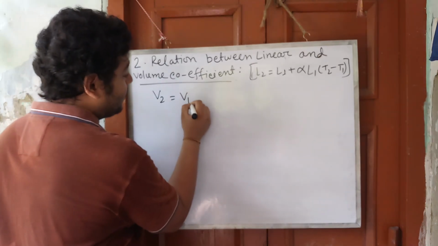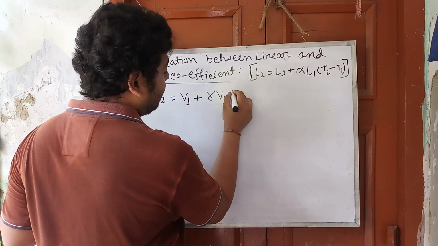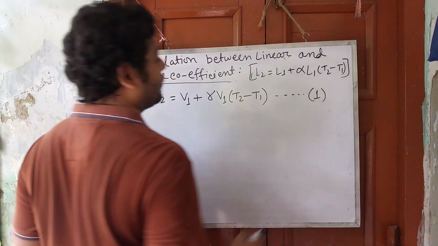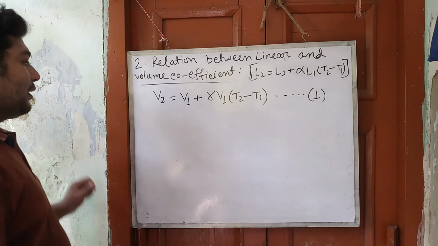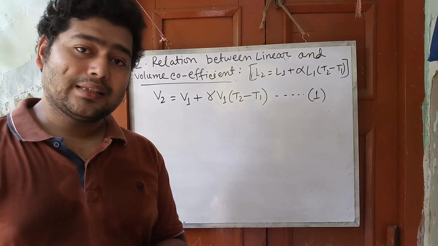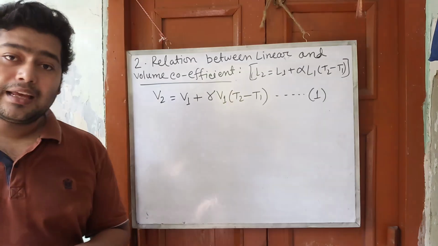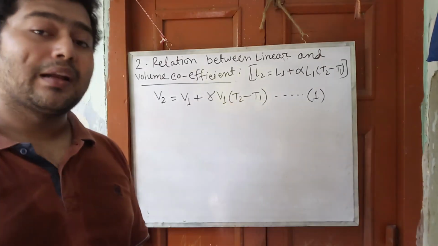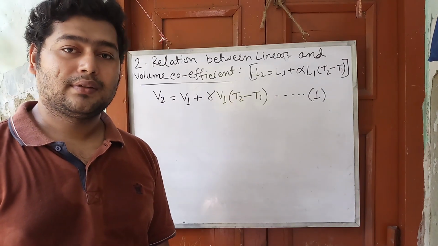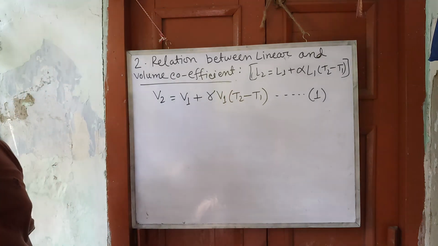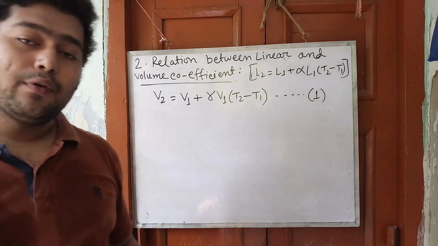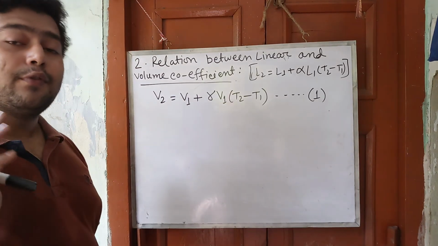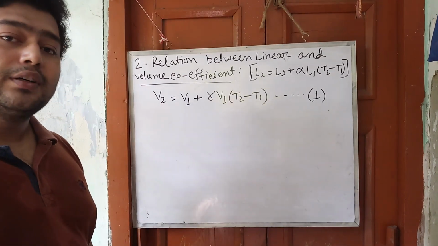V2 equal to V1 plus gamma V1 (T2 minus T1). We can denote it as equation 1. Again, we know that volume is the multiplication of three lengths.